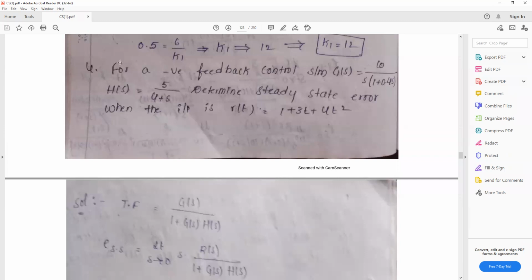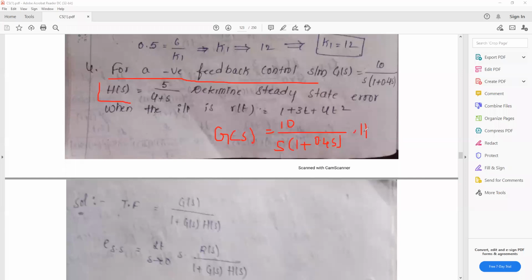So, next problem. For a negative feedback control system, given G(s) is equal to 10 by s into (1 plus 0.4s), and the feedback is also given.